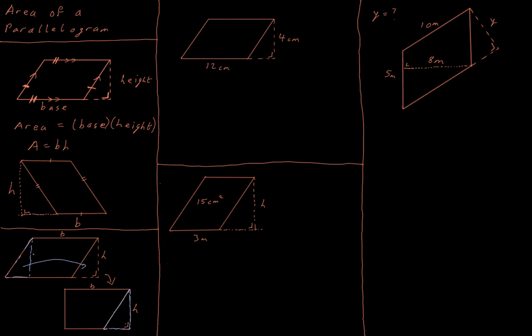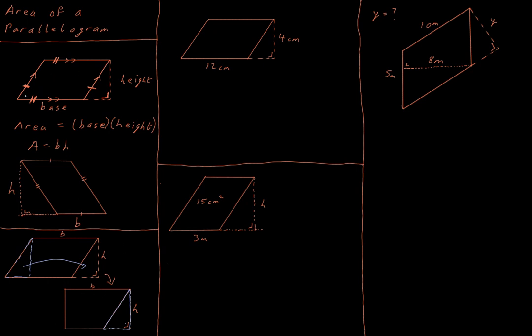If I take the triangle on the end of my parallelogram and shift it over to where I have my triangle for my height, I can see that it overlaps perfectly, and I'm left with a rectangle that has a length of b and a width of h. So the area of this rectangle is the same as the area of the parallelogram, and it's going to be the length by the width, which is just base by height. So that's one way that you can argue for your area formula for a parallelogram.